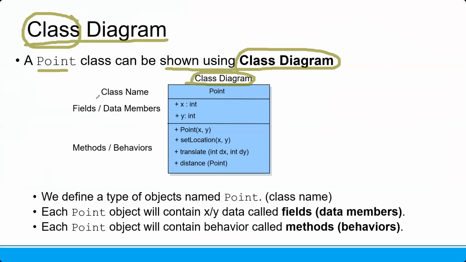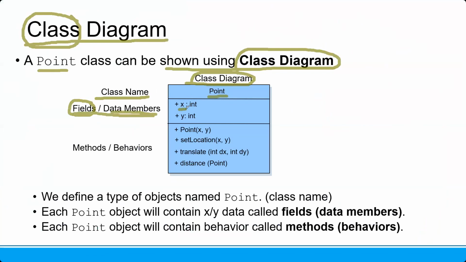The first part, we call it the class name. So this is the class name, point. The next, we call it fields or data members. Both of the definitions are the same. In this case, we have 2 data, or 2 fields.